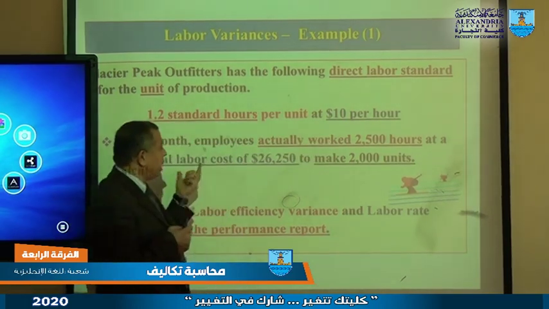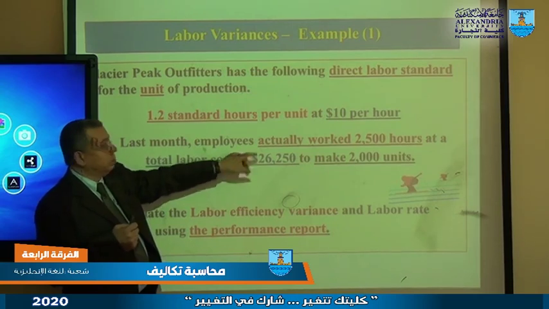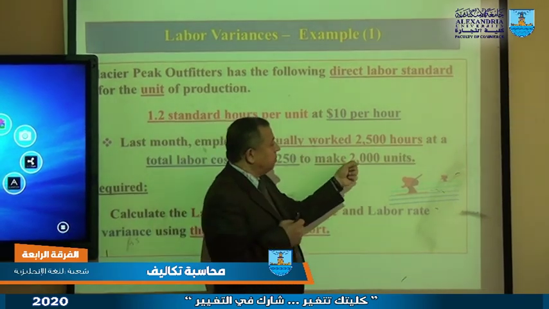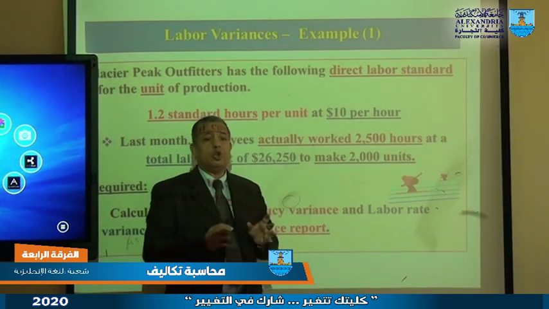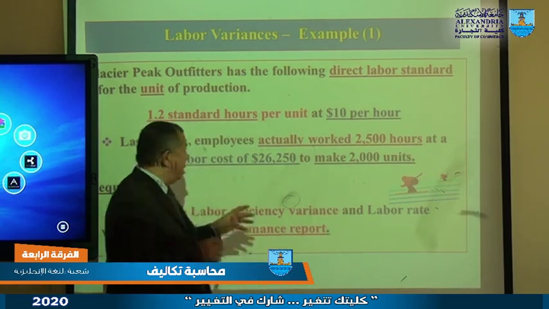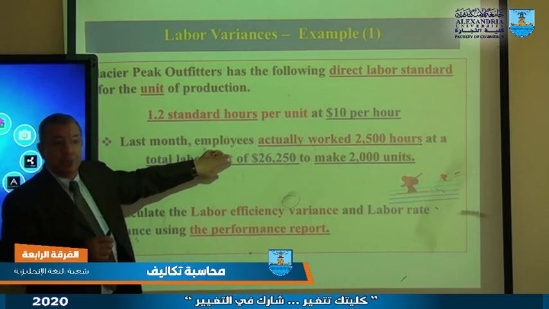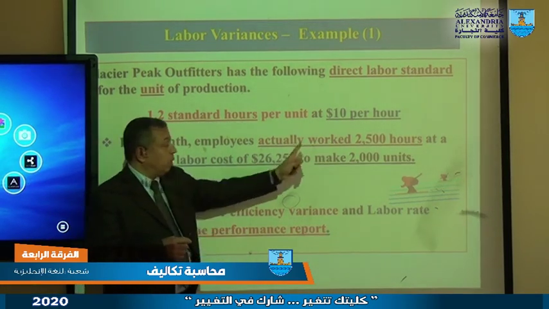Actually worked, actual cost. So this is the total cost of labor to make 2,000 units. I speak about actual production units. Everything after last month is actual: actual hours, actual cost, actual production units.